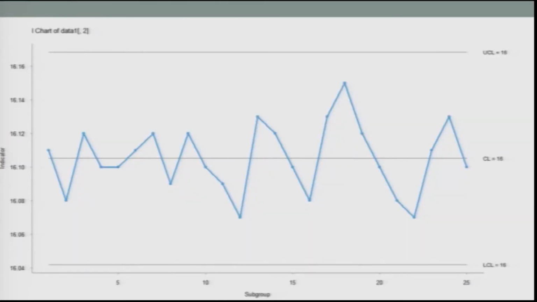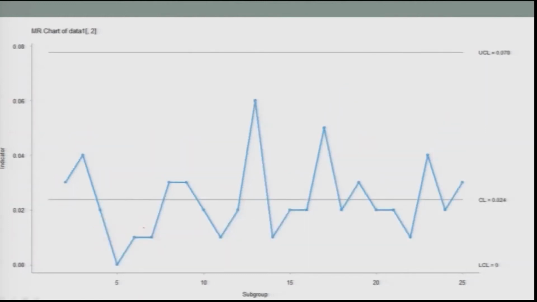If you find the moving ranges, the values here, here, here, here and here are the differences, that is, the mod of x minus the previous x. So, the moving range is given by the mod of this, and we do the calculations accordingly. That is why it is not negative.